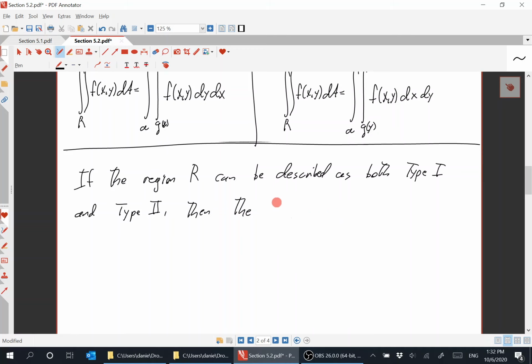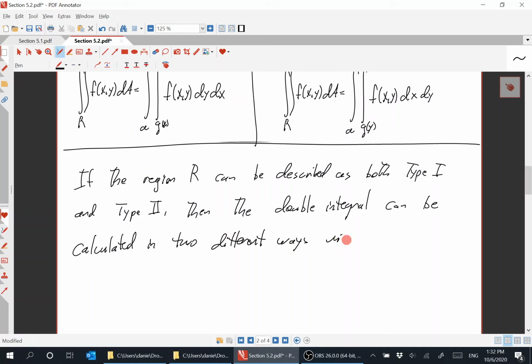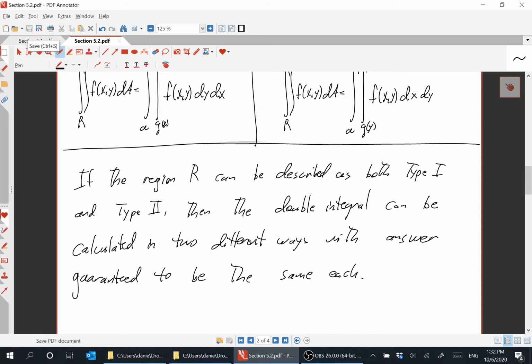The double integral can be calculated in two different ways, with the answer guaranteed to be the same each time. Which is like what we said in the last section with double integration over rectangles.